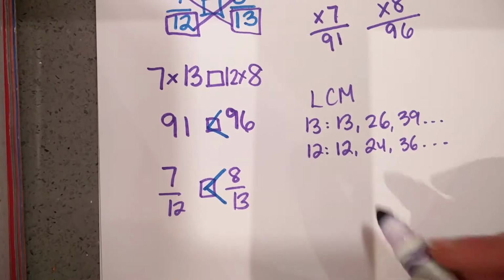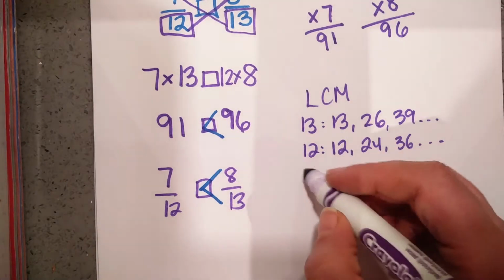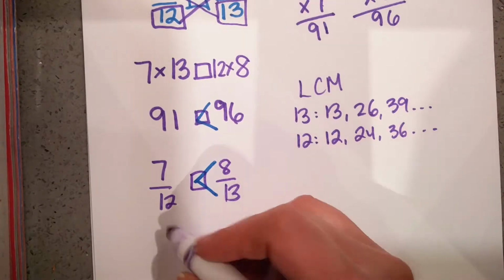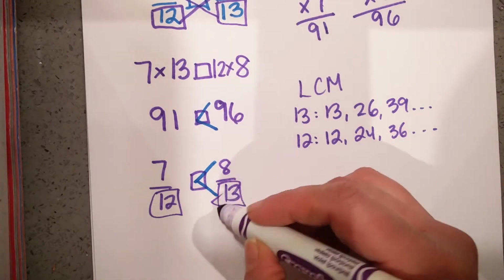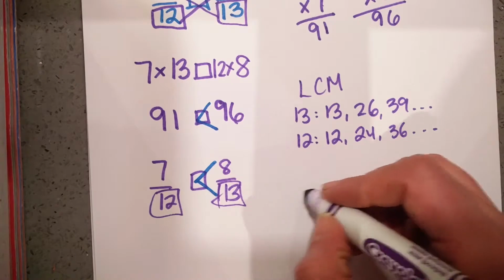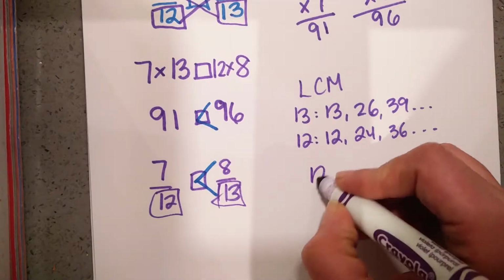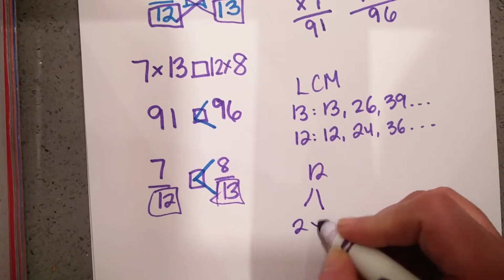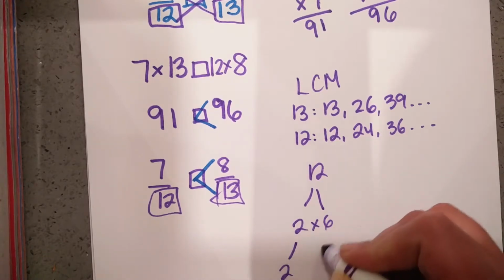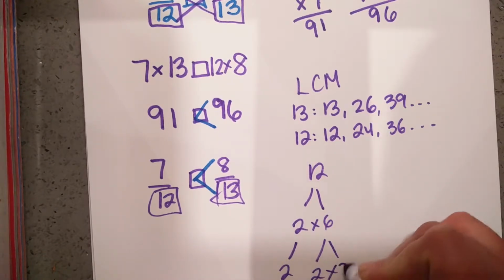Or you can do our little trick and turn these numbers, the 12 and the 13, into prime factors. So I'll take 12, make my little factor tree, and I know that's 2 times 6. Bring the 2 down, and I've got 2 times 3.